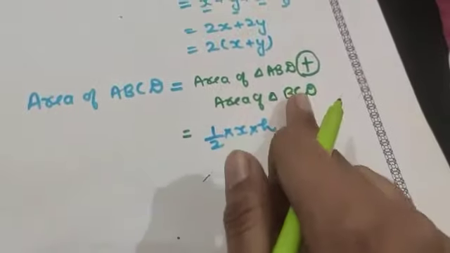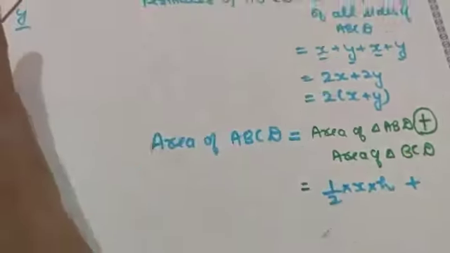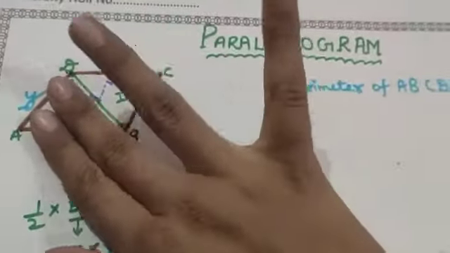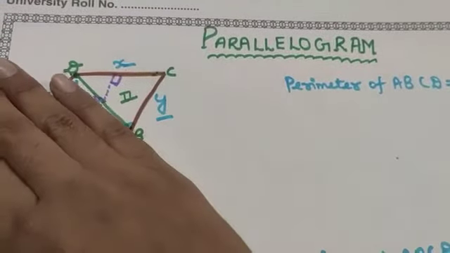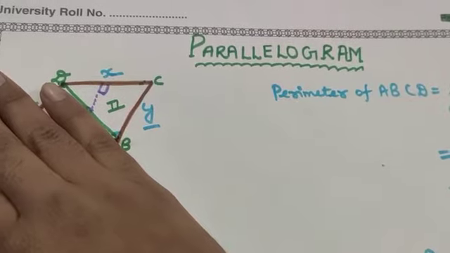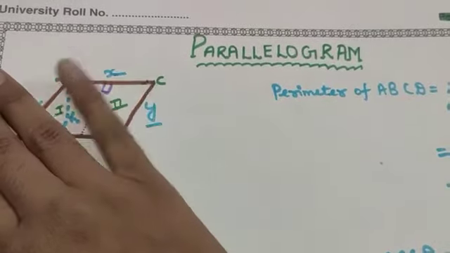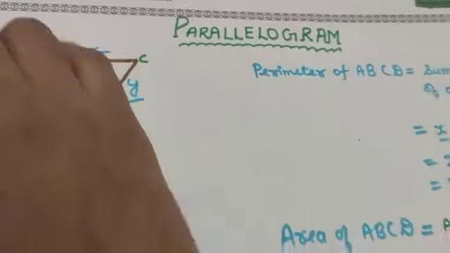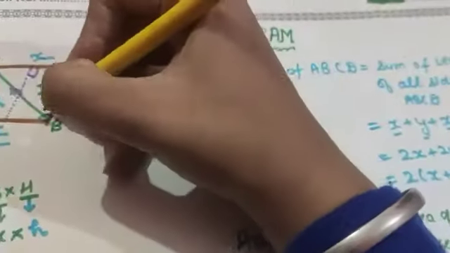Now what about the triangle BCD? Let's forget the lower triangle and see this triangle only. In triangle BCD, base is x, and for finding the height, let us draw the perpendicular distance.